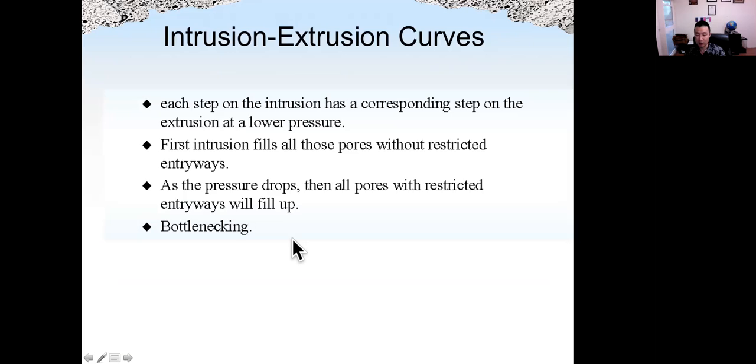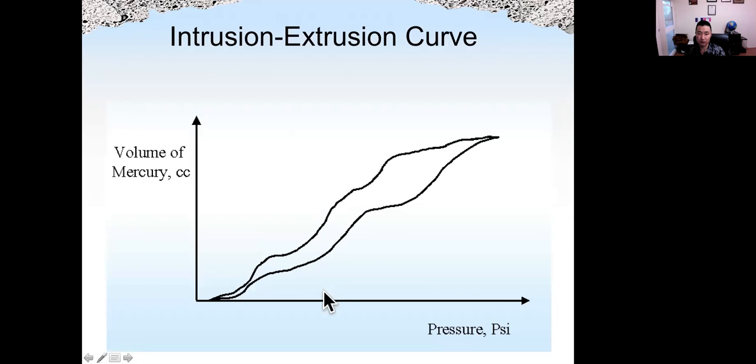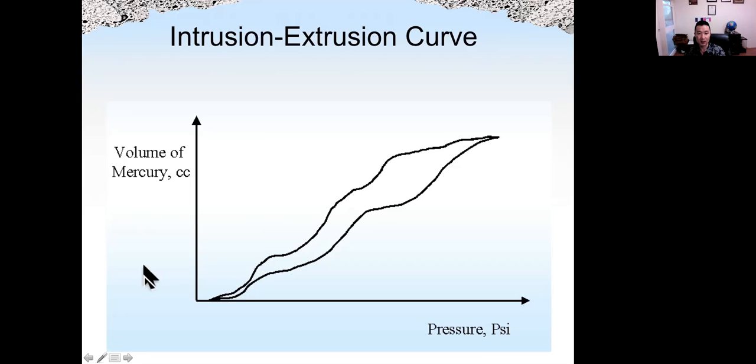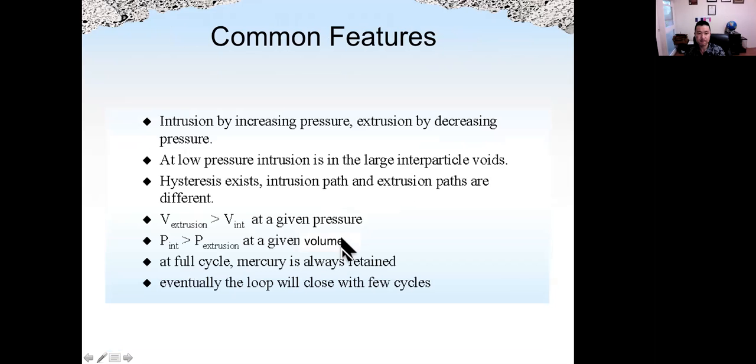At any given pressure, the volume of intrusion will be lower than the volume of extrusion. For any given volume, the pressure of intrusion will be larger than the pressure of extrusion. That's shown here: for any given volume, the pressure of extrusion will be less than the pressure of intrusion.